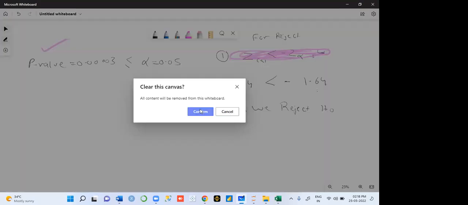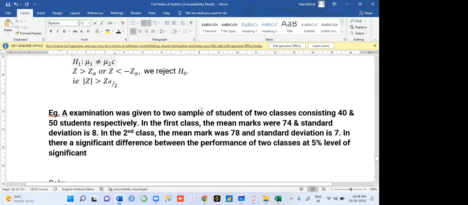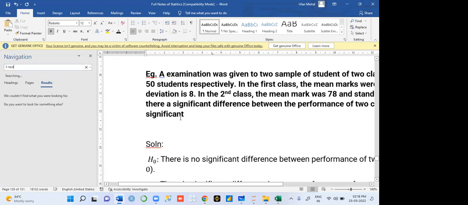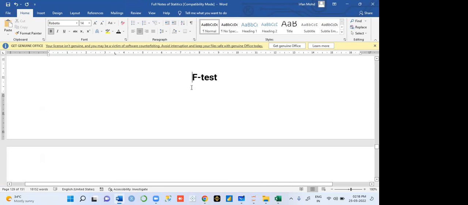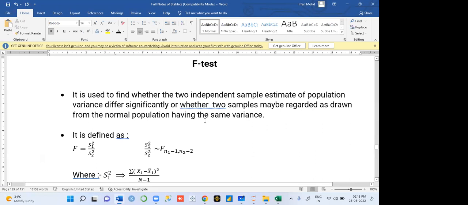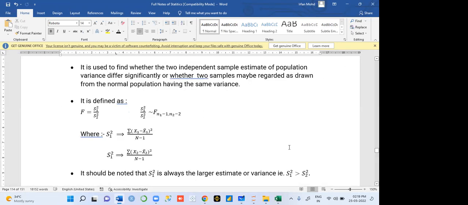The last test of your statistics is the F test. Yes, right. This is the last test in the last form. मत लिखो, आपको यूज नहीं होगा.